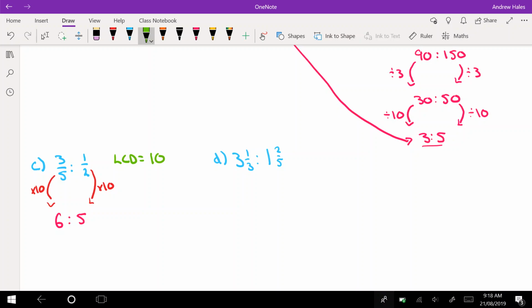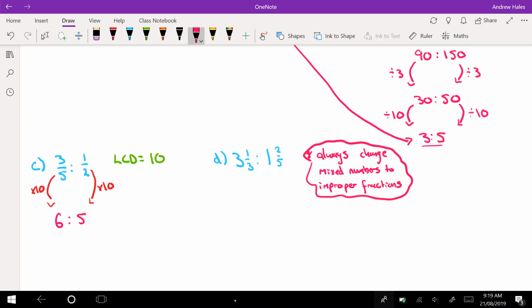So, for a mixed number, actually I'm going to start by just putting this here. Always change mixed numbers to improper fractions. Okay, always change mixed numbers to improper fractions.